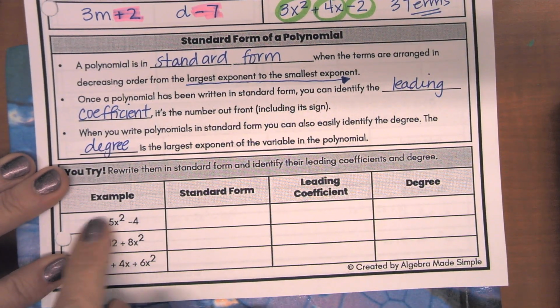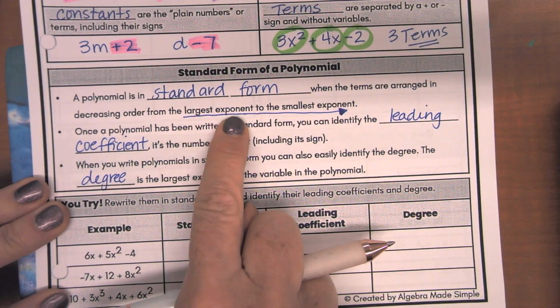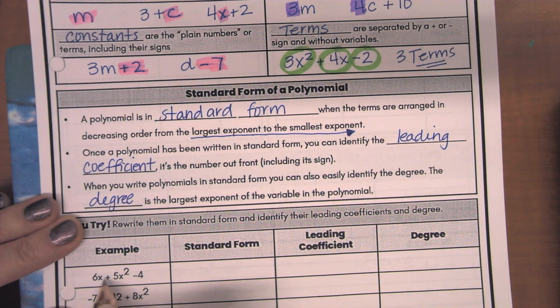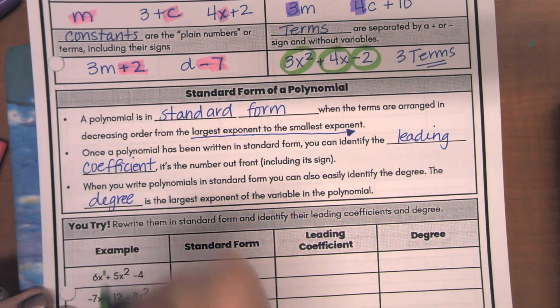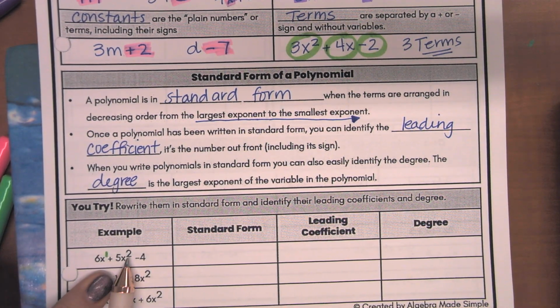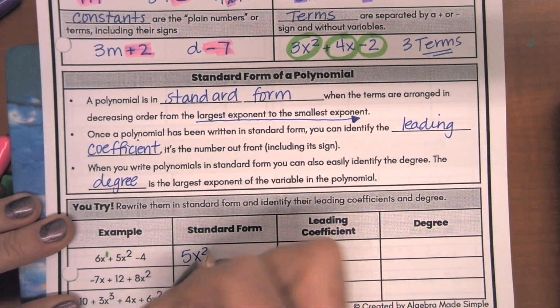So first of all, we've got to write it in standard form. Remember, standard form is largest exponent to the smallest exponent. So I take a look here. This one actually has an exponent of 1. We just don't write them. So my largest exponent is this x squared. So I'm going to write that first. 5x squared.